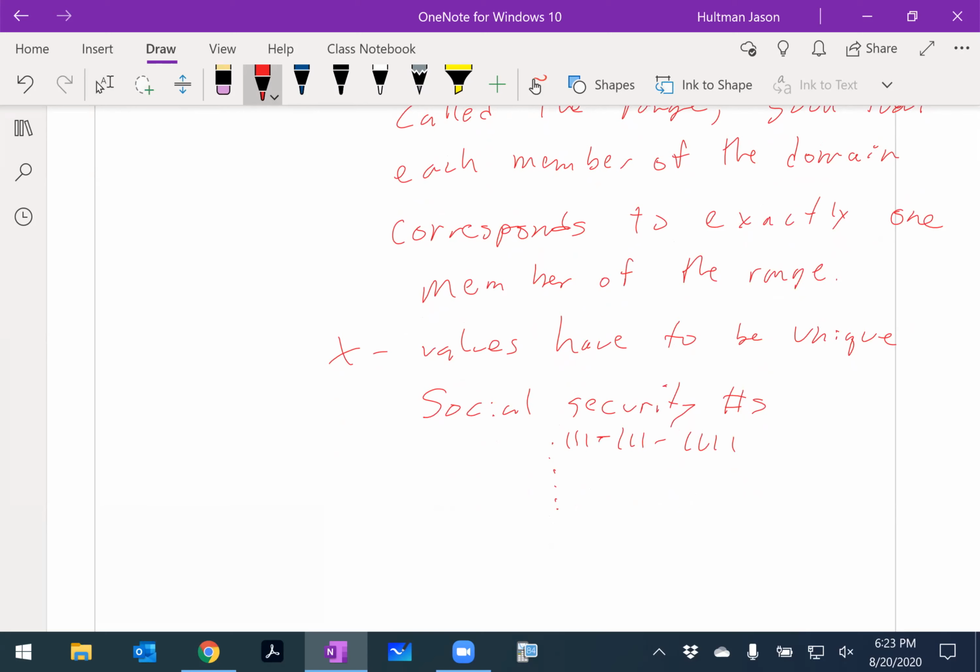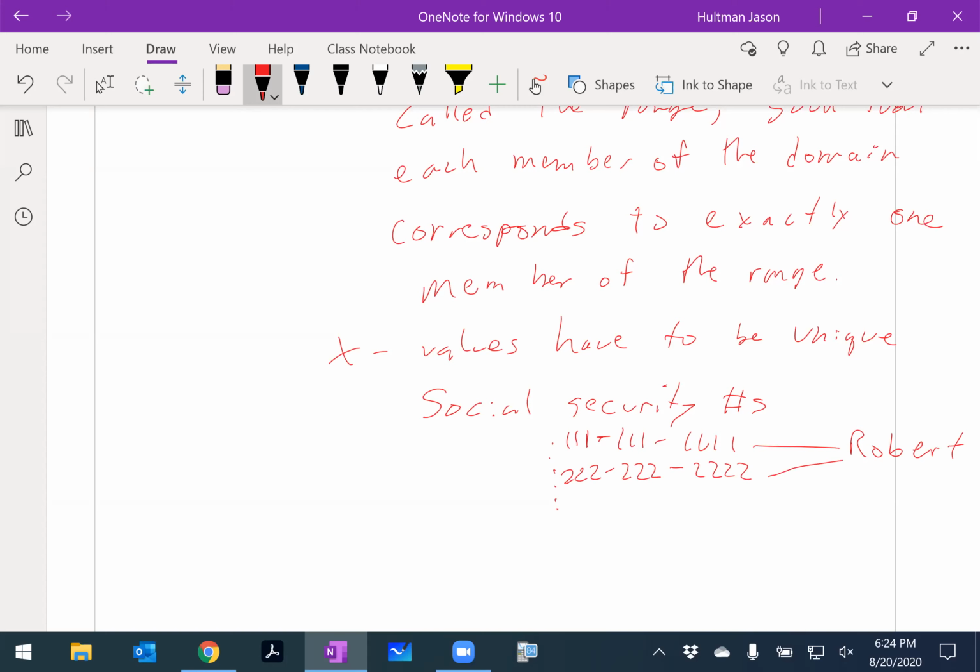That's somebody's social security number, and that guy's first name is Robert. Then I have social security number 222-222-2222, but his first name is also Robert.